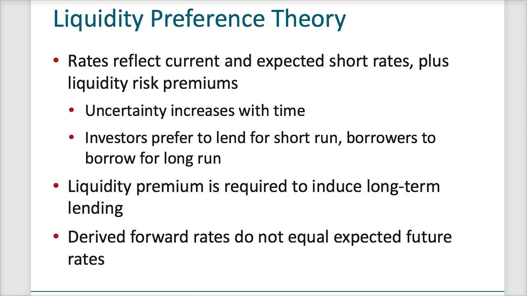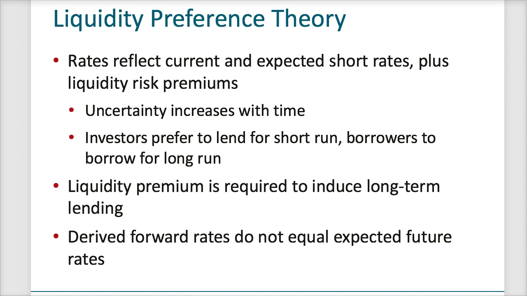Now, like I was explaining before, the liquidity preference theory is where our expectation is that future rates are going to be higher because of the lower liquidity due to the time it will take for the bond to mature. Of course, the interest rates are going to reflect the current and expected short-term rates, and those expectations theories are going to add to the fact that longer-term bonds have a risk premium.